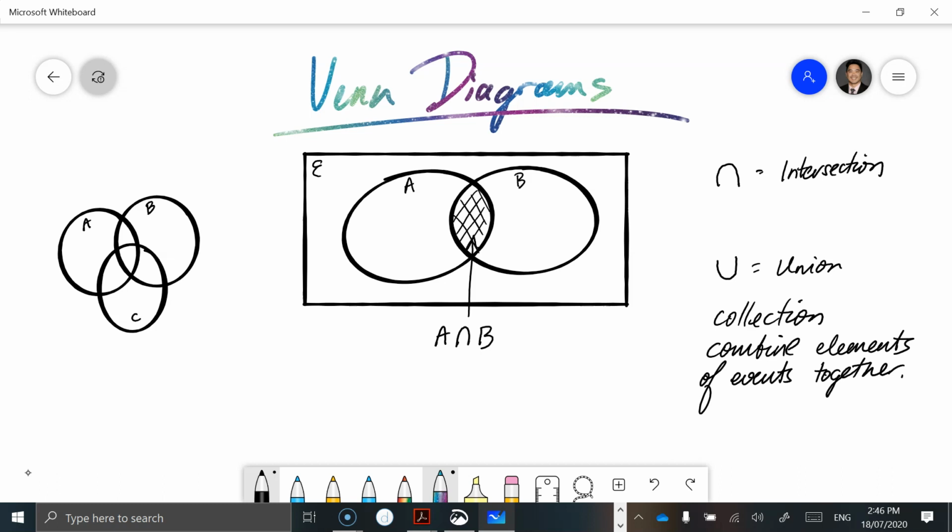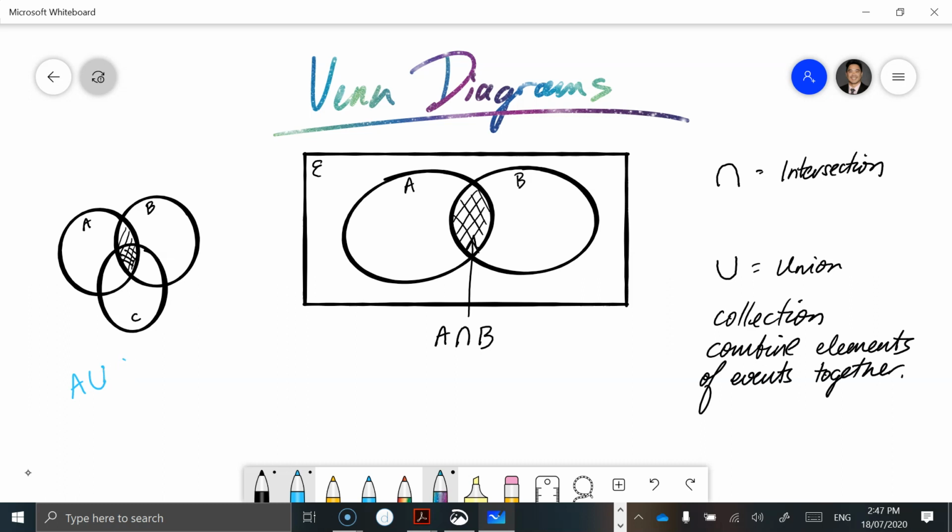We've got three events, and obviously the things that overlap A and B would be everything there. But then the things that are in common between A, B, and C is just going to be the stuff that's in the middle. If we're combining, say, A union B, no, I might even change it.